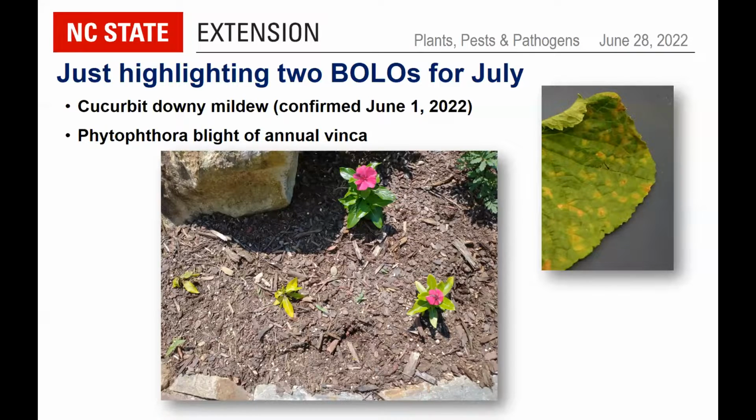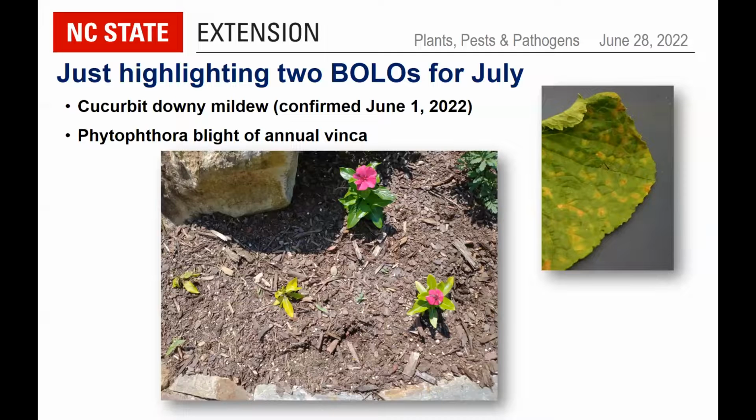So there's a little bit of differentiation there. But on any of your cucurbits, be on the lookout for downy mildew. Those start out, especially with a cucumber, with a nice bright yellow angular leaf spot that then dies. The spots aren't quite as well defined on, let's say, cantaloupe, for example.